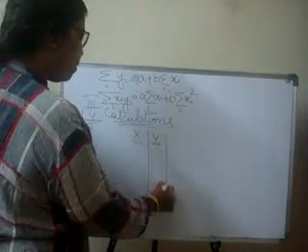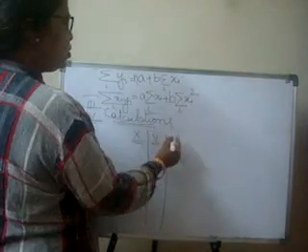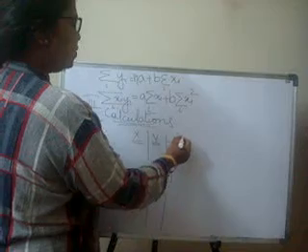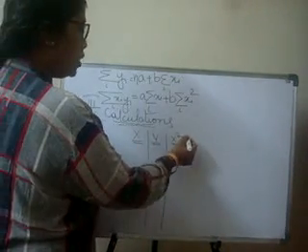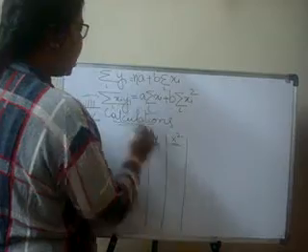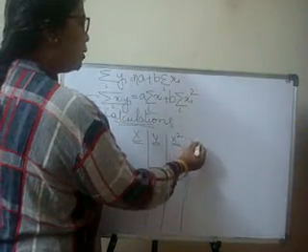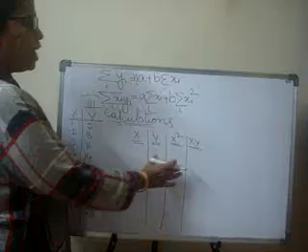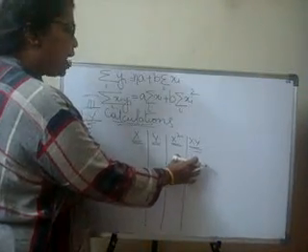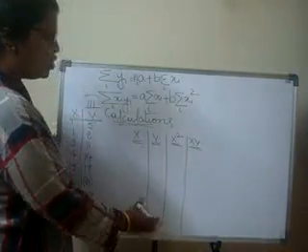For the second equation, we require summation x square. You square the x, can you do it? Yes. Then you have x into y. These are given and these we have to find out, and then we have to do the summation.